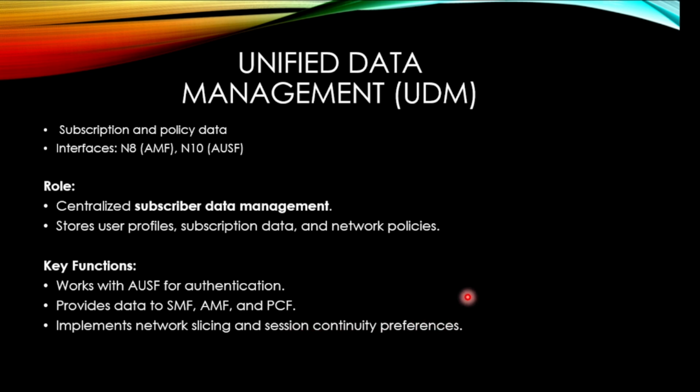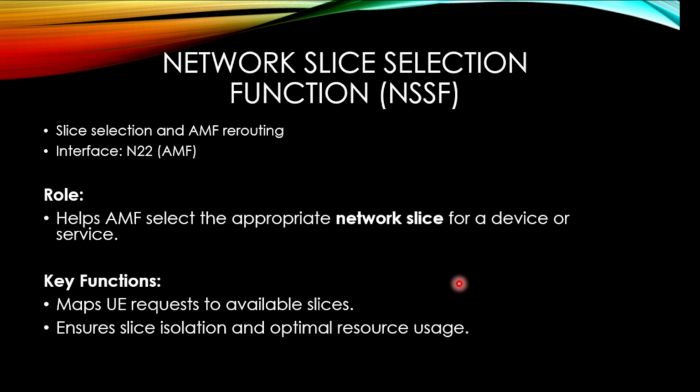I hope it's clear. Network slice selection function, NSSF. It interfaces with the AMF via N22, and it has the role of selecting a slice and AMF rerouting, okay? So it helps the AMF select the appropriate network slice for a device or a service. But it is the one that creates the slice to begin with.